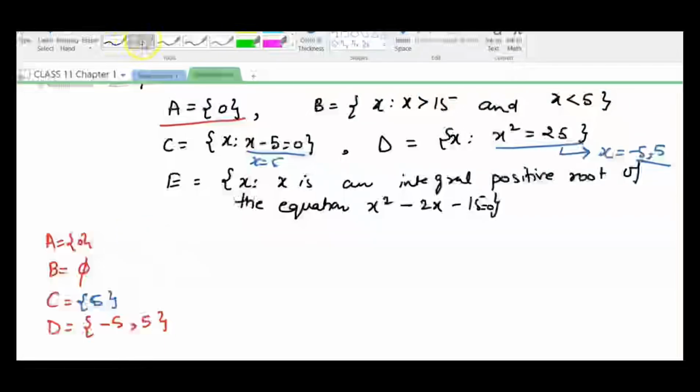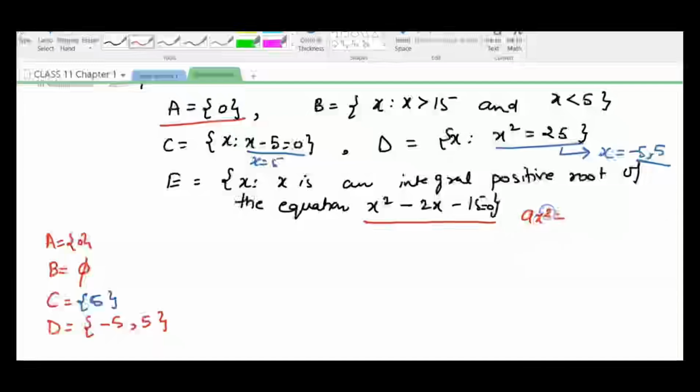Now, let's see this set. Set E is equal to x such that x is an integral positive root of the equation. So, this means that we need to solve this equation, x square minus 2x minus 15 is equal to 0. For this, we will use this formula.